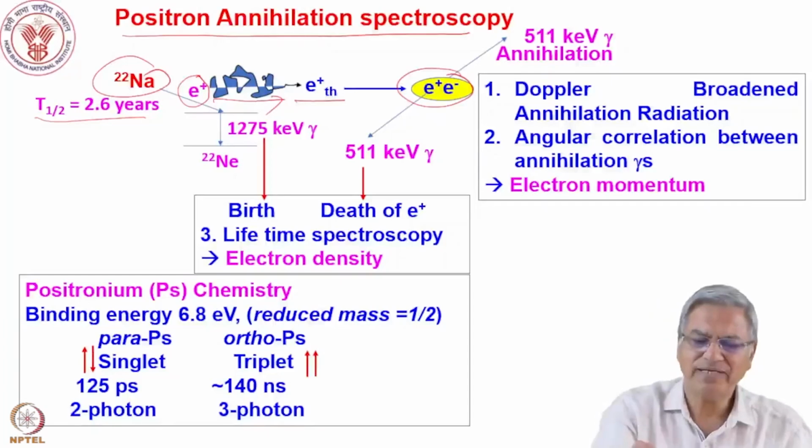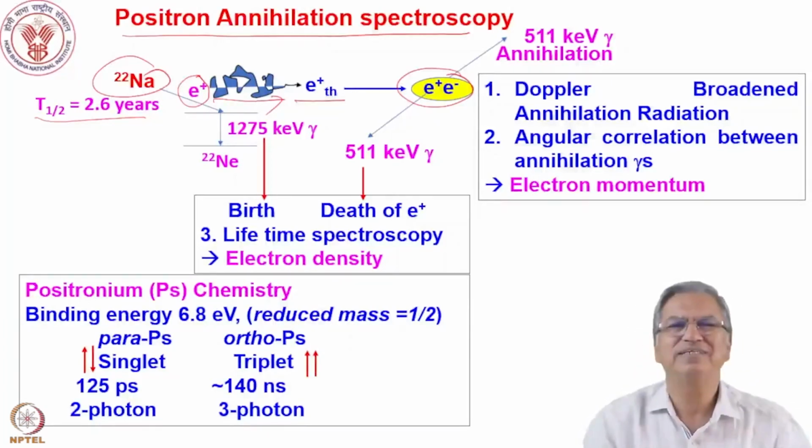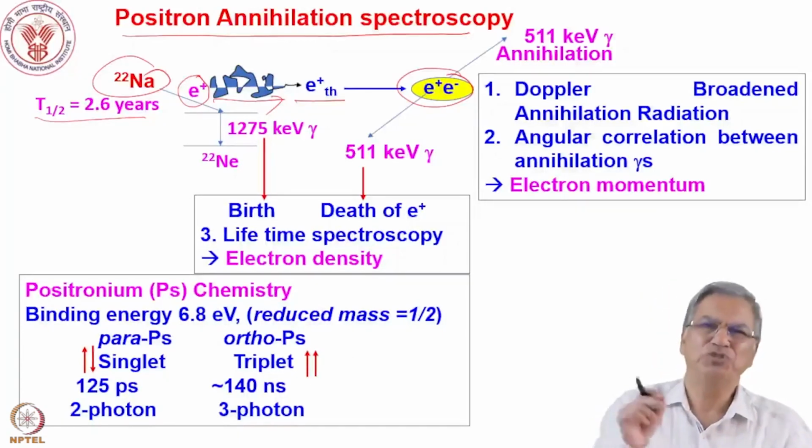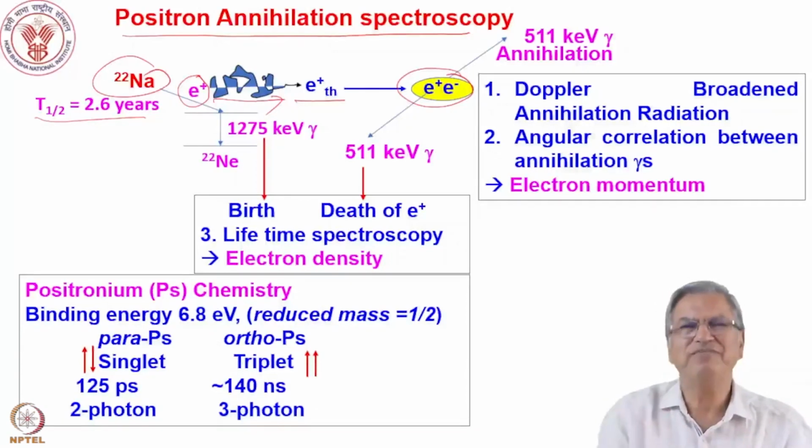Now, if the electron with which the positron is annihilating is not stationary, if it has a certain momentum, then the 511 keV gamma line will get broadened.